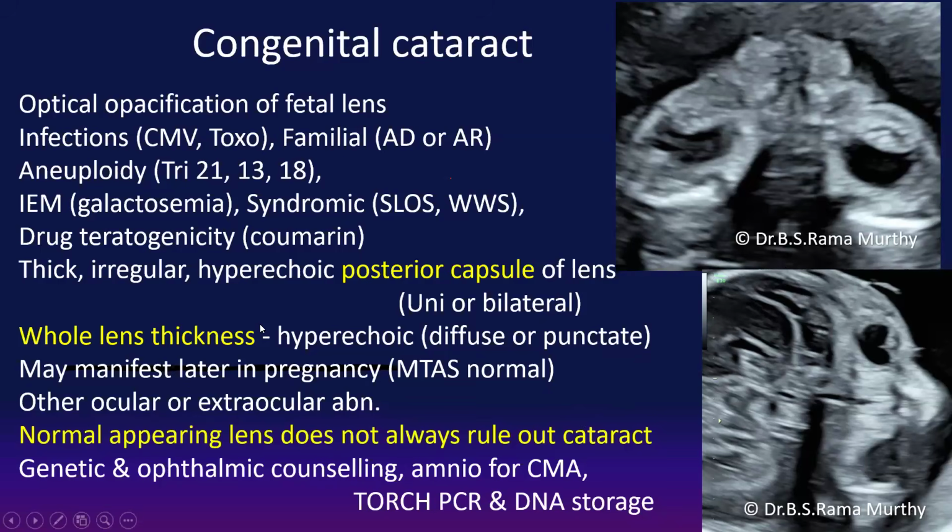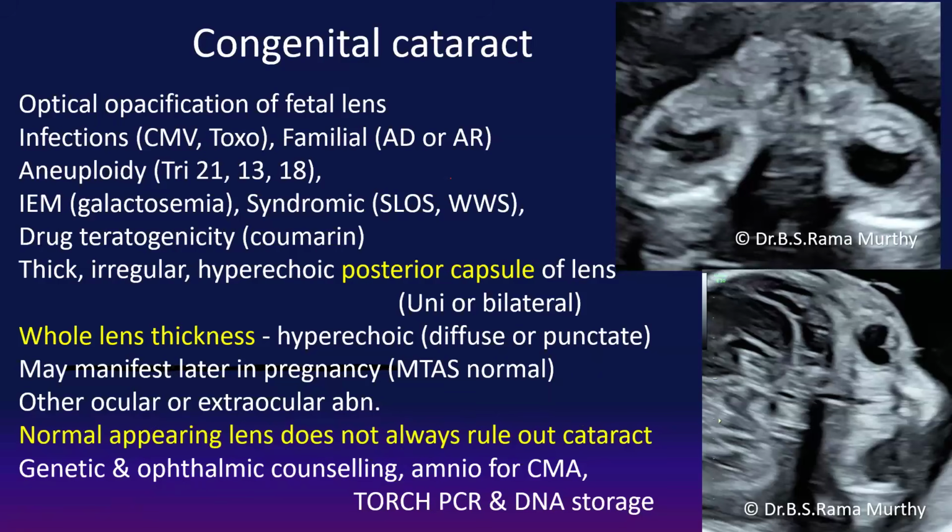So we have to look for other ocular signs, extraocular abnormalities like hepatosplenomegaly, intracranial calcifications, IUGR, any other features telling us that there could be infection, which is, of course, the most common cause. Normal appearing lens does not always rule out cataract. That is another thing that we must inform the couple, especially if they have previous children with problems of the lens.